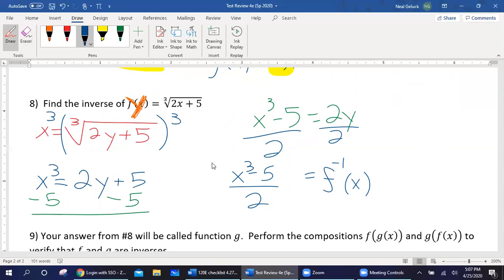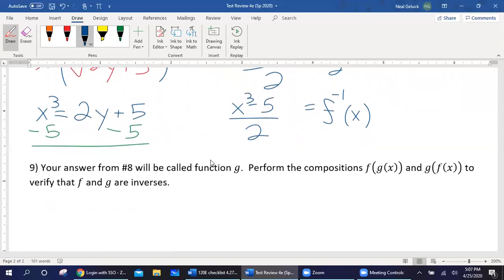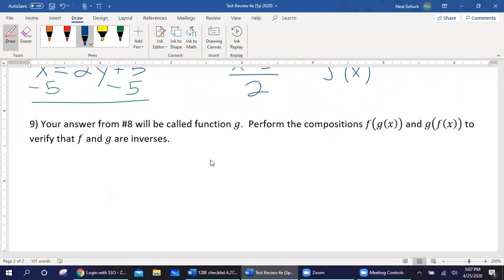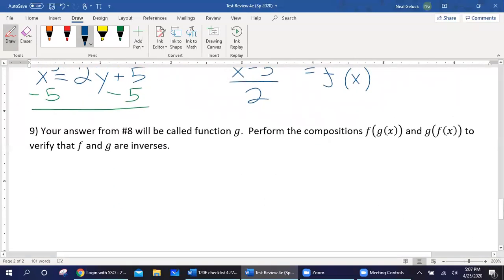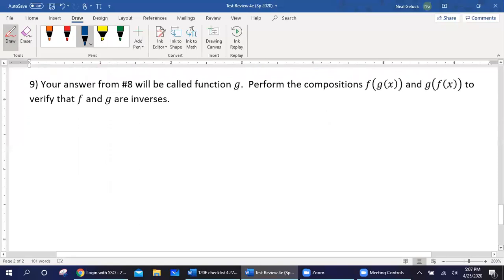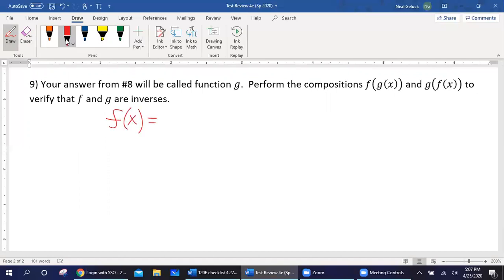Now for the last one, we're going to verify that these are inverses of one another. So on this last one, we'll call our answer function g instead. So I have two functions. I have my original f of x function from number 8, cube root 2x plus 5.